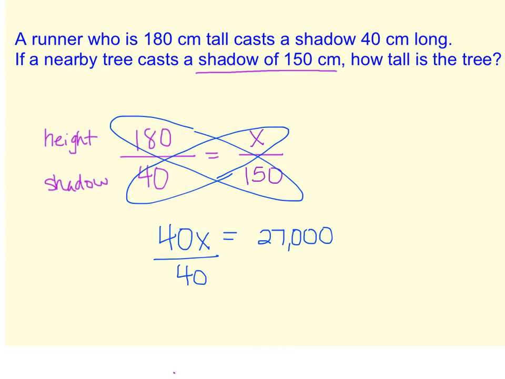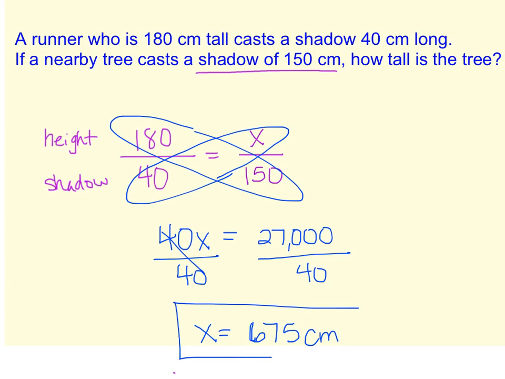Divide both sides by 40, and we get 675. What kind of label would this be? Well, the height is in centimeters. Basically everything's in centimeters, so 675 centimeters.